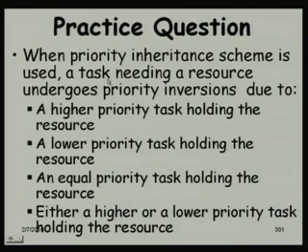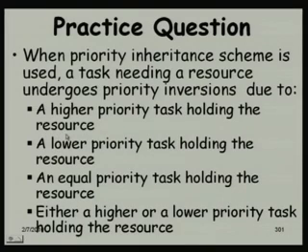Priority inheritance scheme is used and a task undergoes an inversion when a higher priority task is holding the resource, a lower priority task is holding the resource, an equal priority task is holding the resource, or either a higher or a lower priority task is holding the resource. Yeah, exactly.